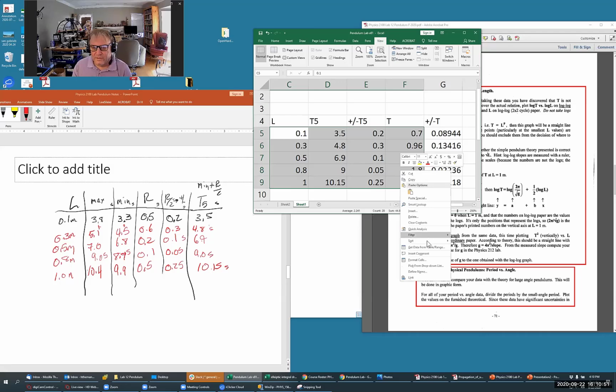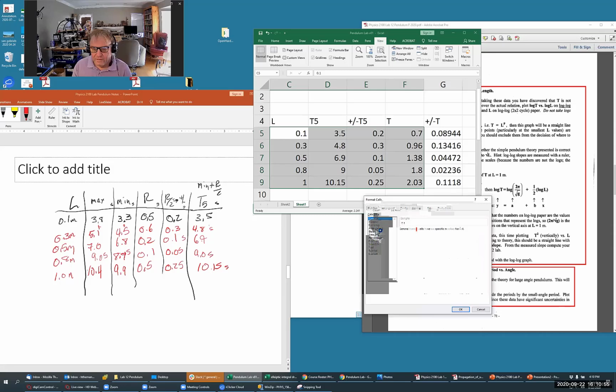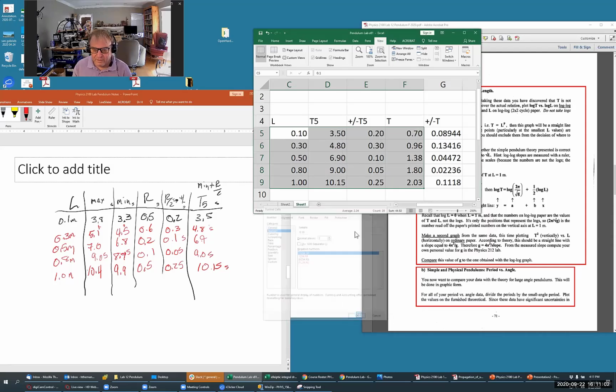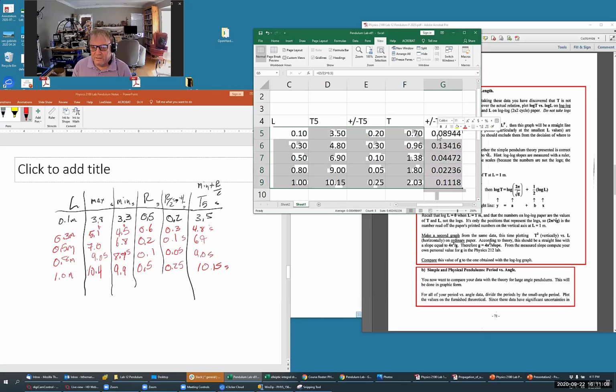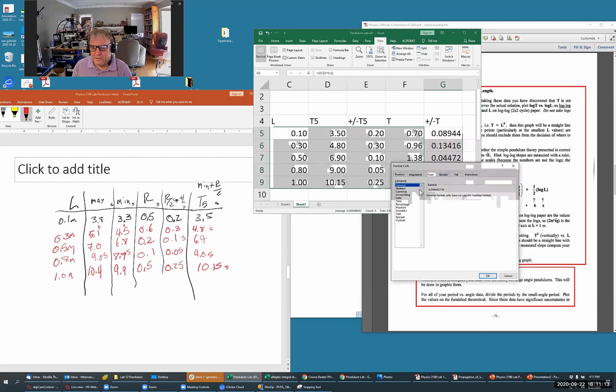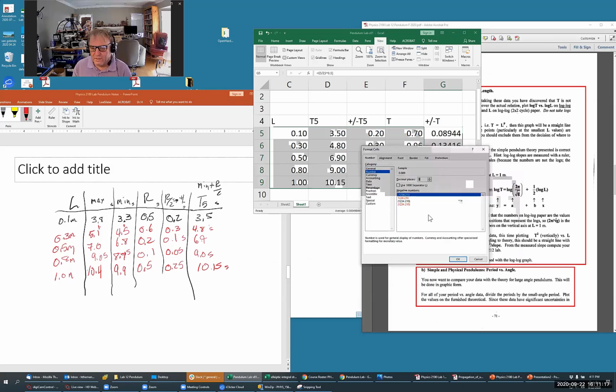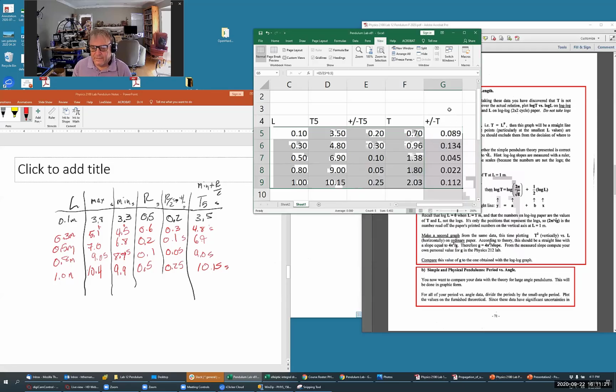Format this, format cells, number. I'm kind of assuming we remember how to do some of this stuff from last time. I'm going to make this 3. Nice.